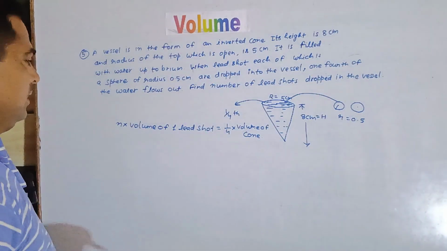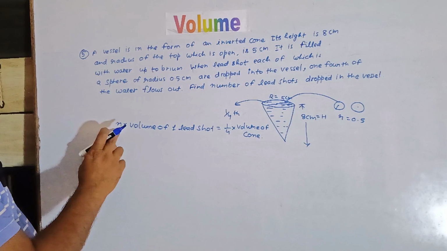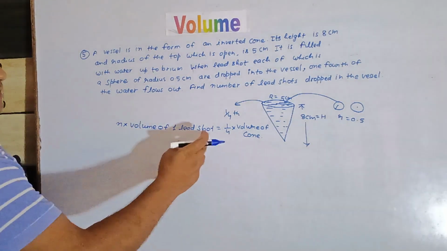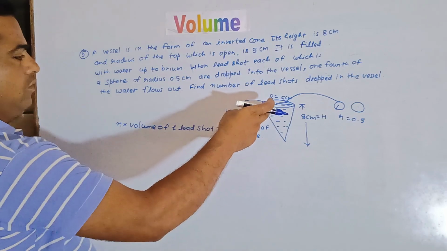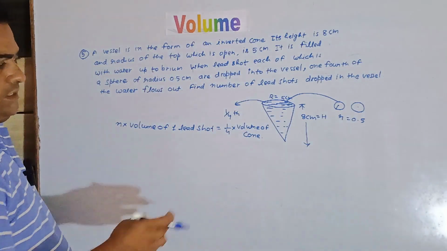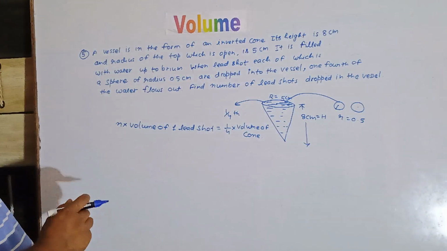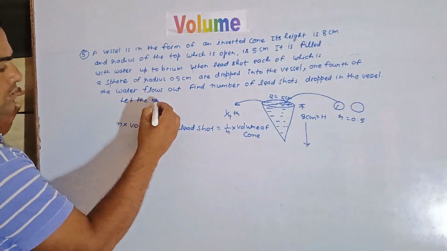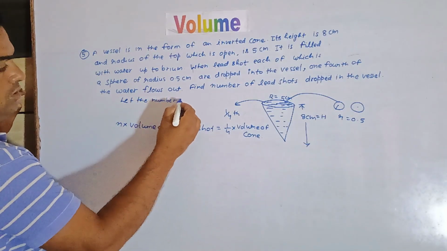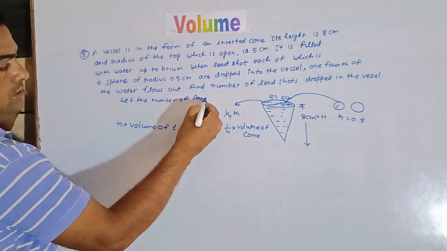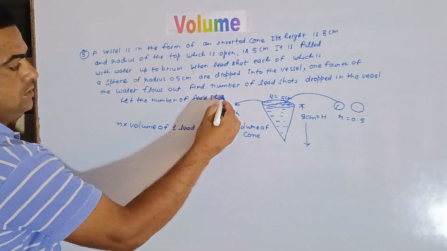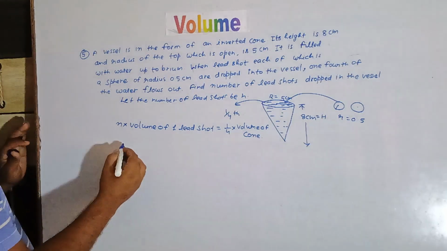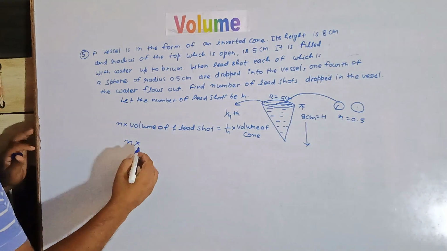According to this principle, n, the number of lead shots, into volume of one lead shot is equal to the 1/4 water coming out from this vessel, that is 1/4 volume of cone. We will write here let the number of lead shots be n.